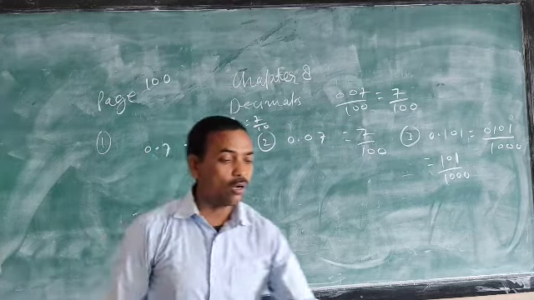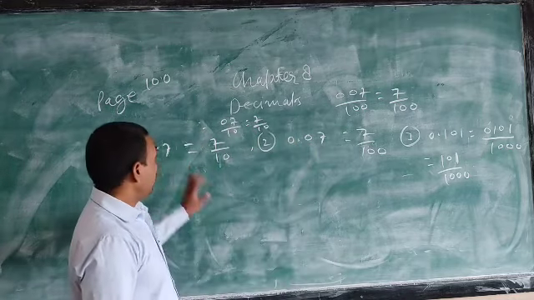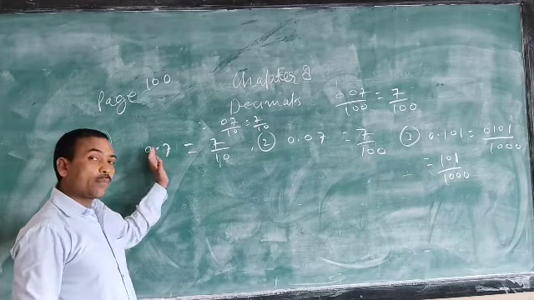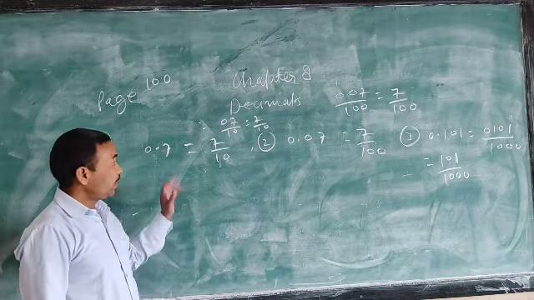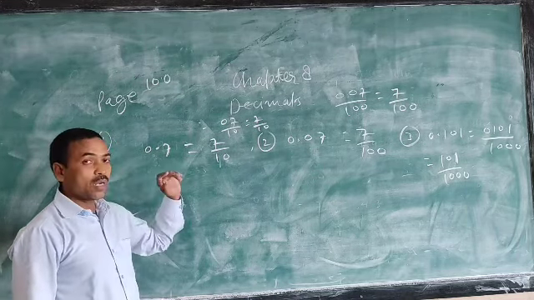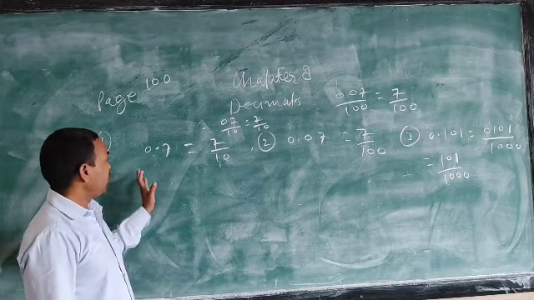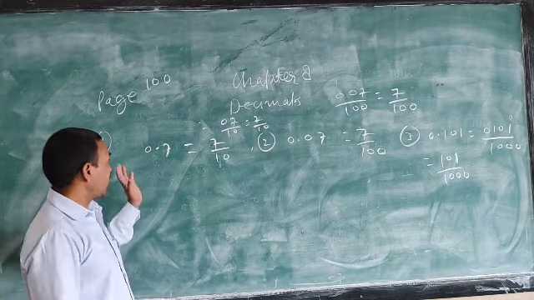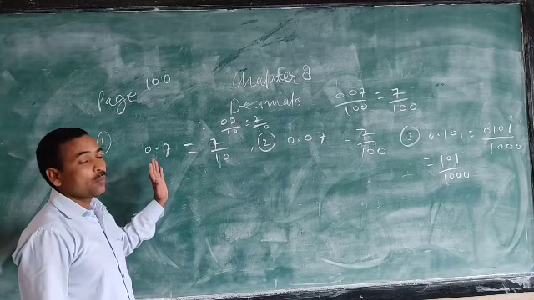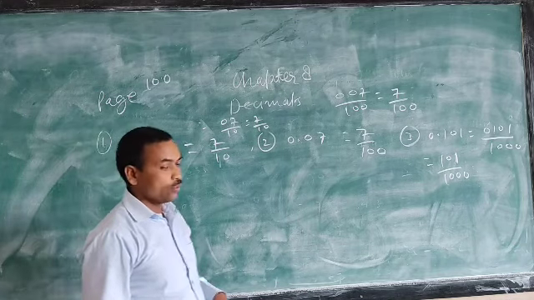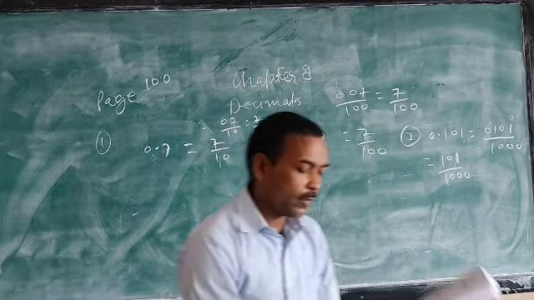Suppose you want to know how to count the decimal places. The number of decimal places is the same as the number of digits after the decimal point. It is very important to know the number of decimal places in different decimal numbers. So just count the number of digits after the point. In this way you can do the remaining questions.